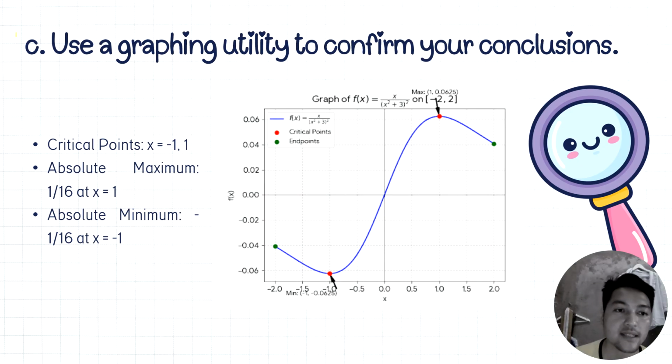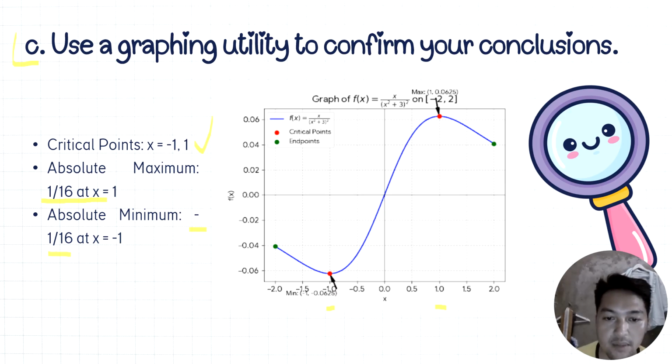Now, the third task is to use a graphing utility to confirm our conclusions. We have the critical points already, which are negative 1 and 1, so we plug those into our graphing utility. We identify the x values negative 1 and 1, and we also identify where 1 over 16 and negative 1 over 16 are.